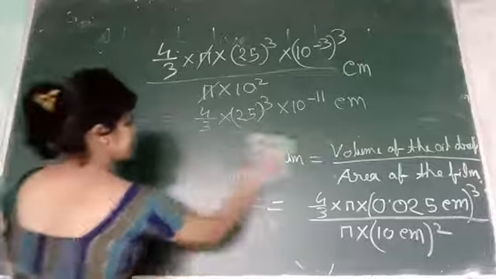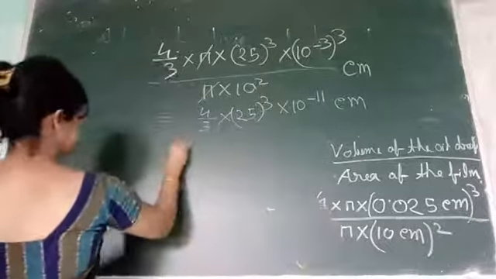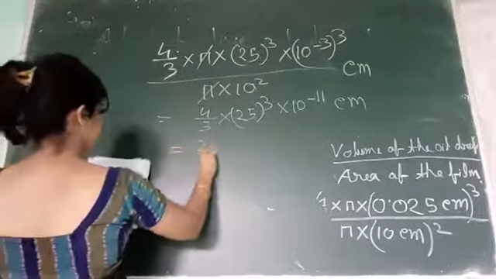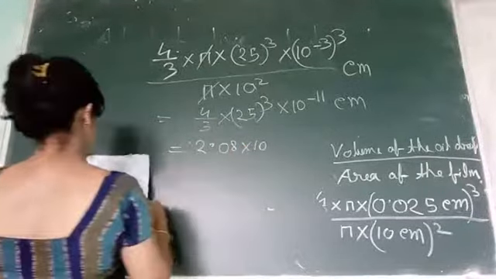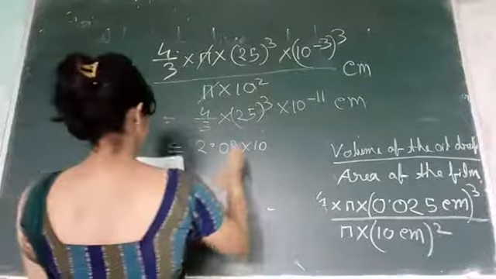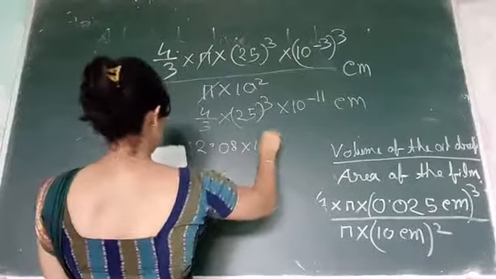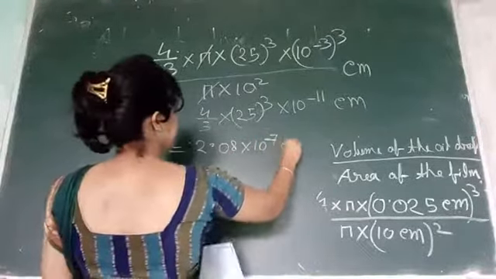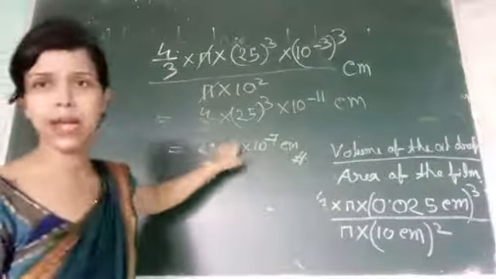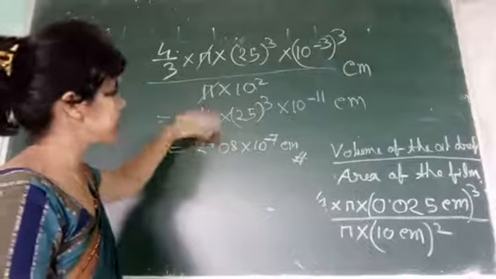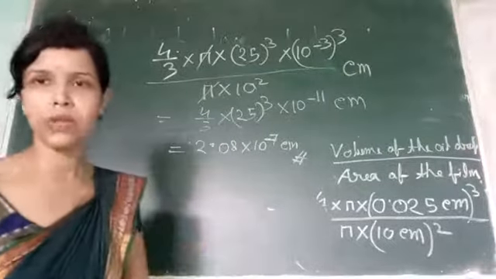This is equal to 2.08 into 10 to the power minus 7 centimeter. Actually, here I have written the result directly. The simplification part you can do yourself.